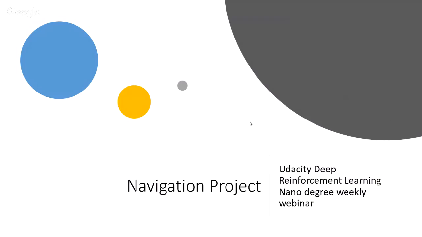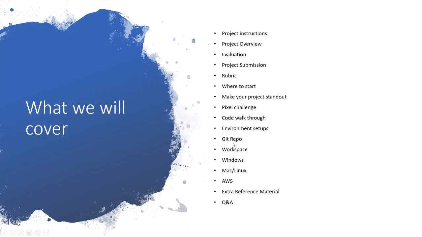So, first of all, what will I be covering? Basically, I'll be covering the instructions to the project, an overview of it, the evaluation, and project submission. We'll be going into the rubric, which is very important for the project. Then if you're not sure where to start, I'm going to go through some possible places to look at, how to make your project stand out, and also the optional challenge of pixels for this particular project.